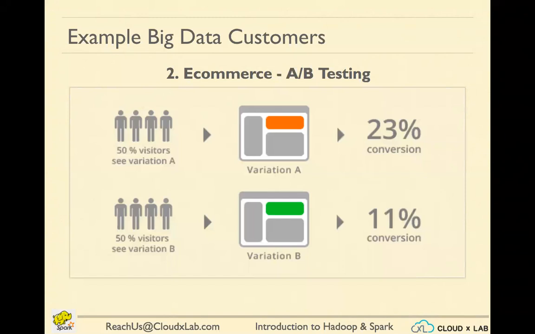So by way of data, we can come up with product features. Here, by having variation A and variation B, we are comparing the outcome of both, and based on that, we are taking a call whether variation A or B is better.